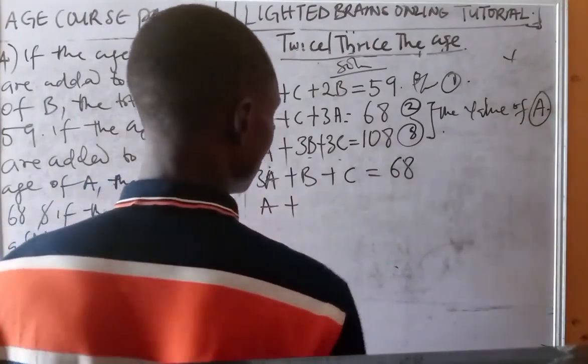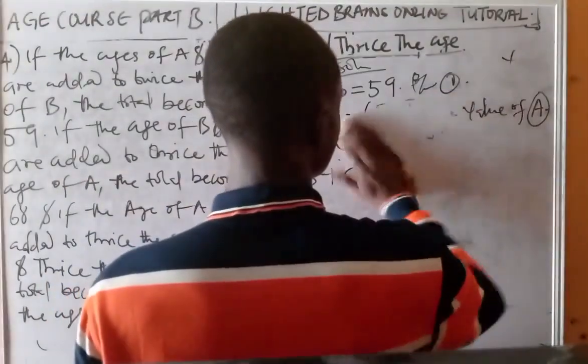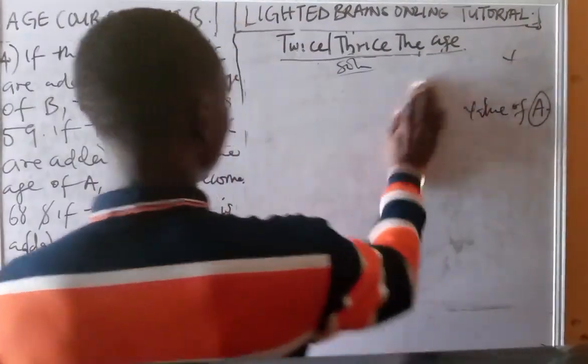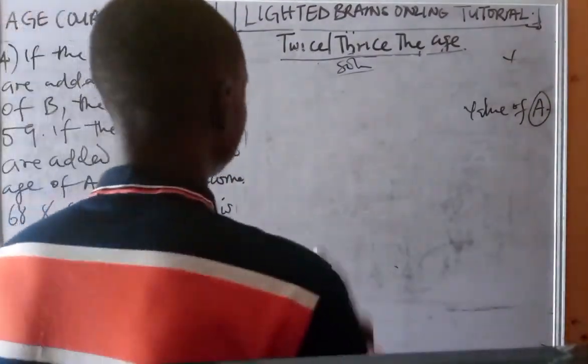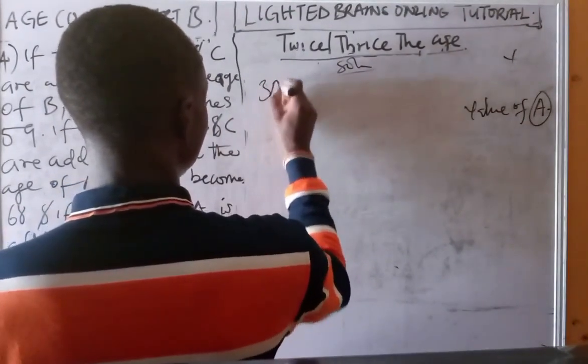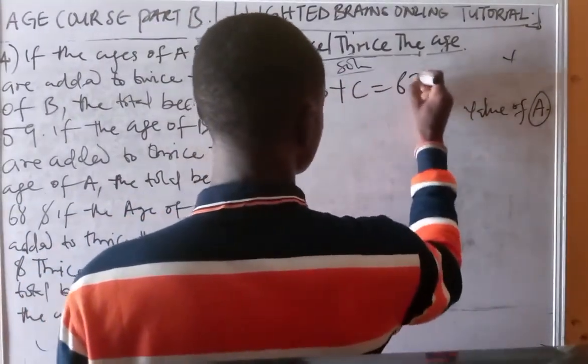Let me clean it first so that it will be easier for us to understand. So we are taking 3A plus B plus C is equal to 68, right?